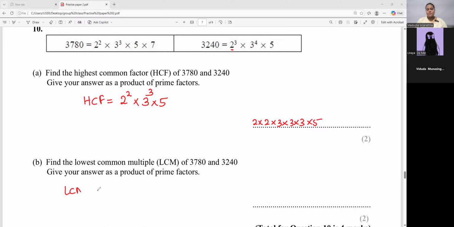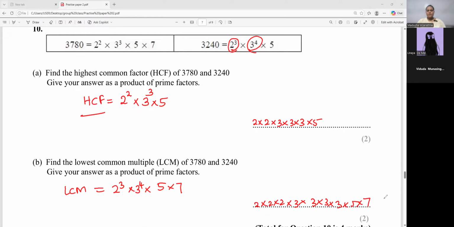For LCM, select the highest powers. 2 to the powers, highest one is 2 to the power 3. 3 to the powers, highest one is 3 to the power 4. 5 to the power 1, then 7 to the power 1. 2 times 2 times 2, 3 times 3 times 3 times 3, 5 and 7.